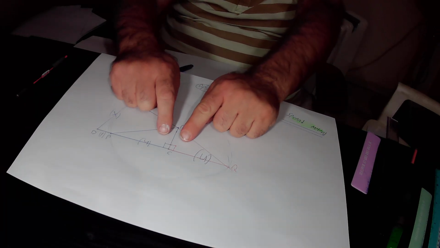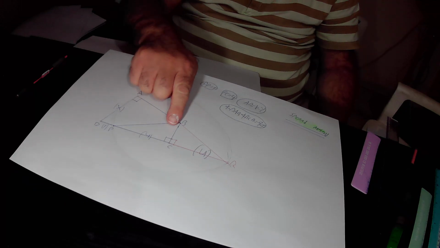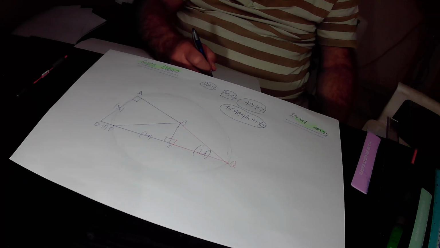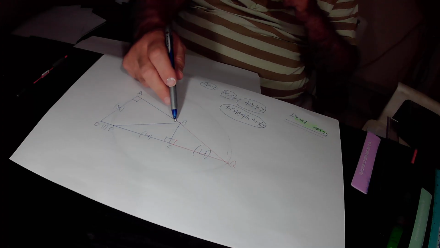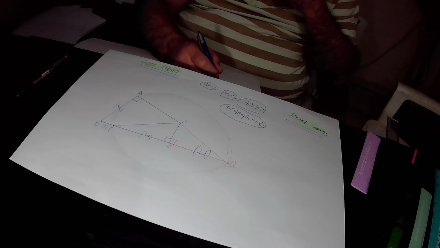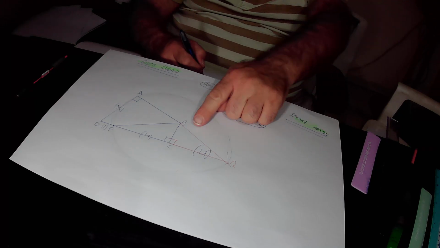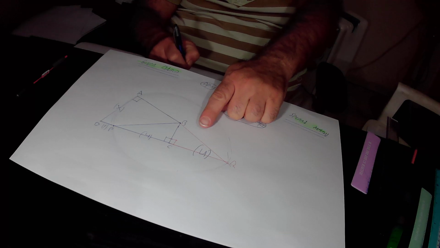In addition, those two angles are both right angles, and therefore they are equal to each other in their sizes. This is angle BCP, the right angle BCP, and it equals this angle, angle BCQ, the right angle BCQ.